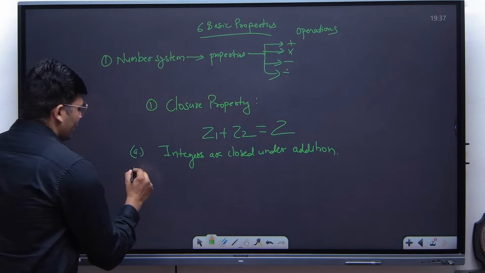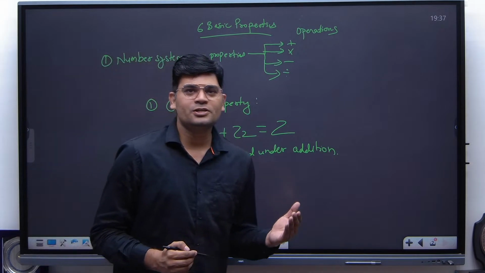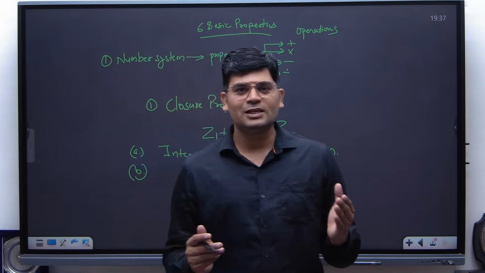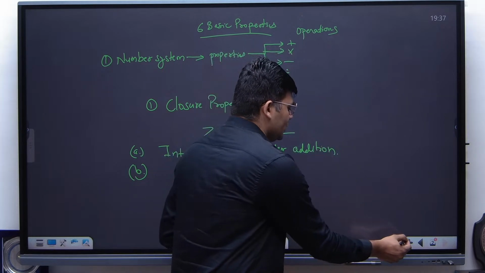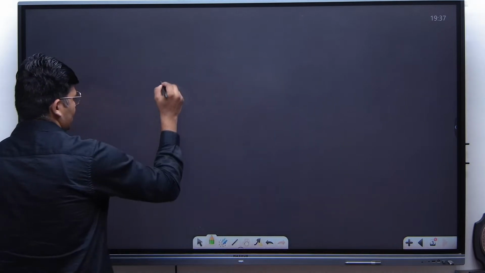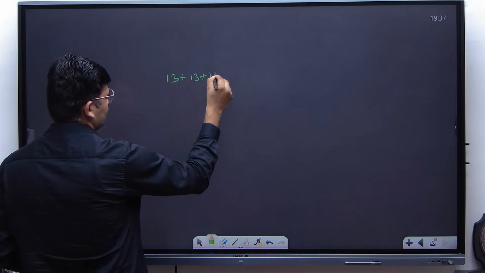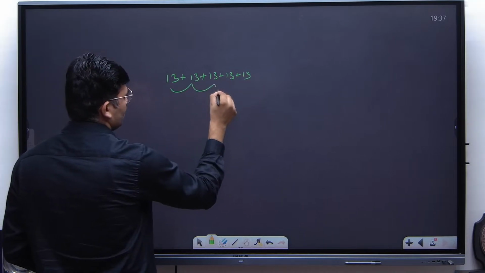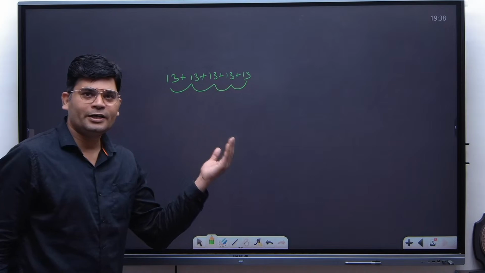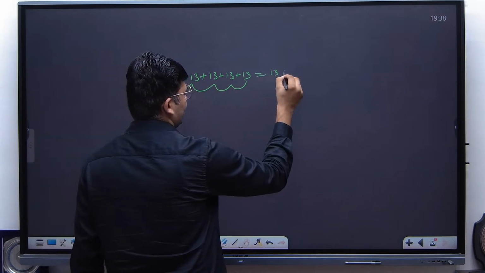Now the second point. We can say that multiplication is a continuous addition. We know that multiplication is a continuous addition. If you don't know, see this. If I ask you to add 13 5 times, will you add 13 5 times, or will you do multiplication of 5 by 13?